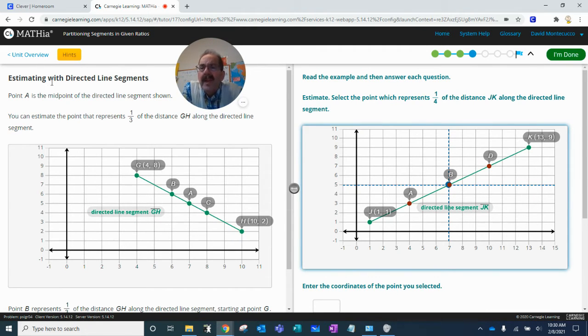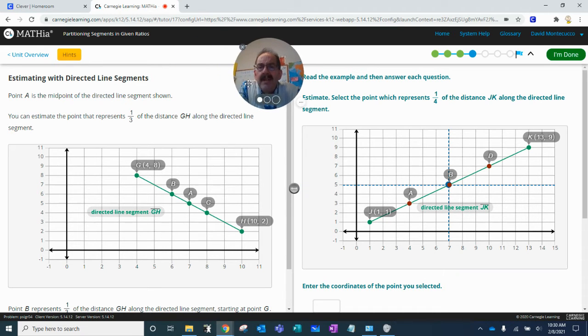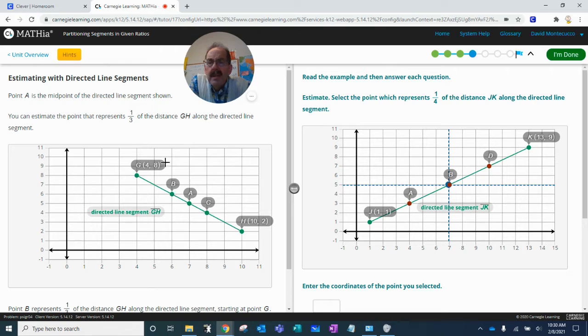Okay, now estimate directed line segments. Point A is a midpoint. You can estimate the point that represents a third.